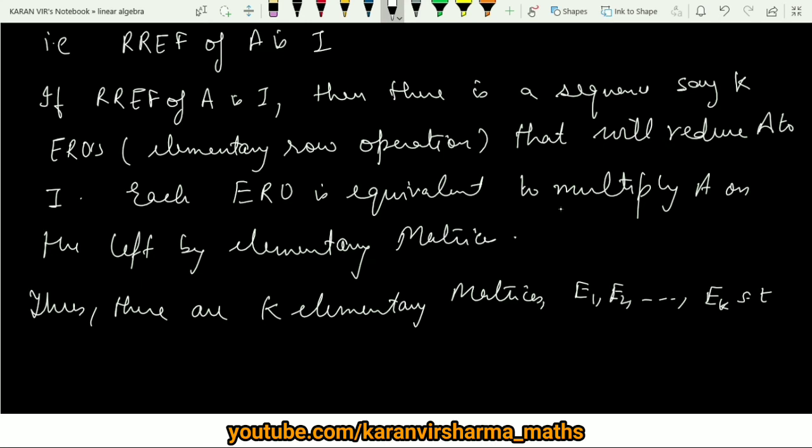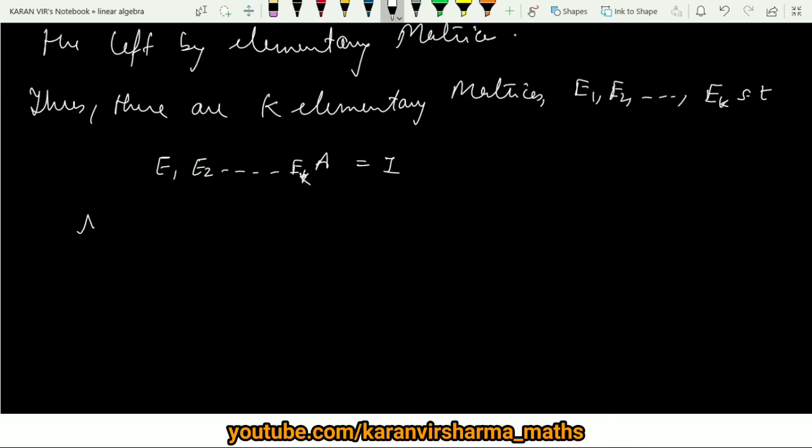What does that property state? That if you multiply A with E1 and E2 and so on to Ek, you will get nothing but the identity matrix. These E1, E2 and so on to Ek are my elementary matrices.